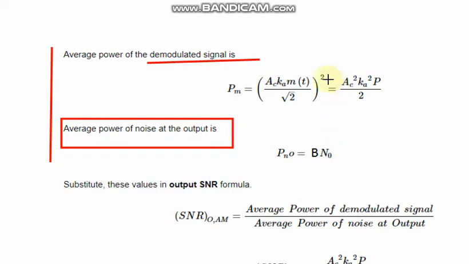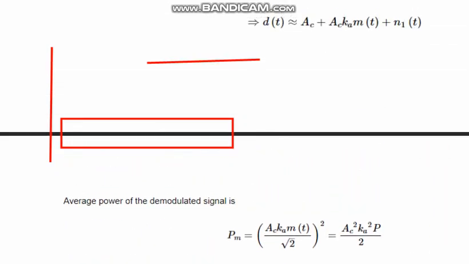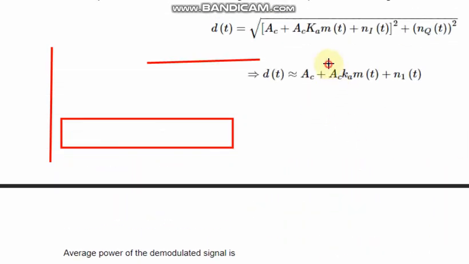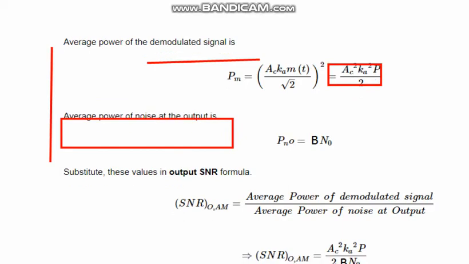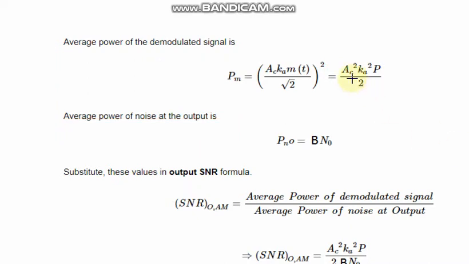For Ac Ka m(t) in the formula, you have to take this part only. If you take the average power for this using the formula, you will find that the average power of the demodulated signal Pm is equal to Ac squared K squared P by 2.